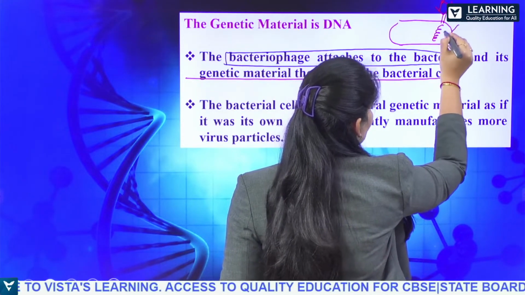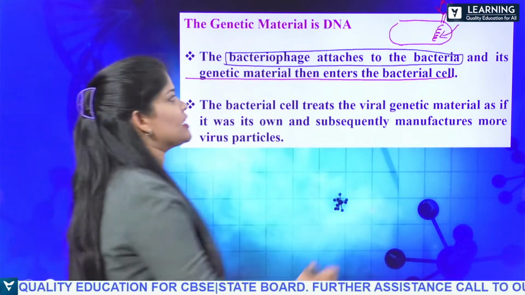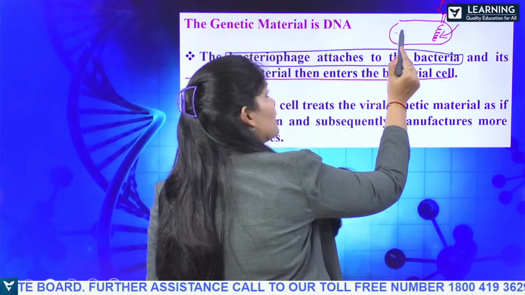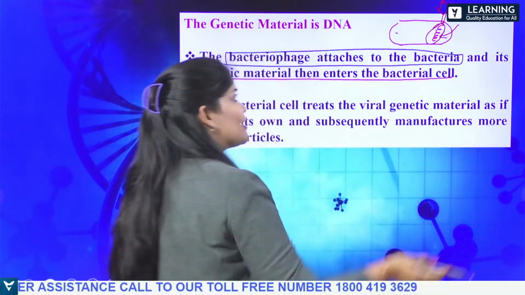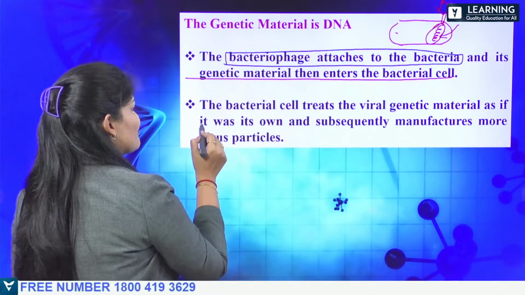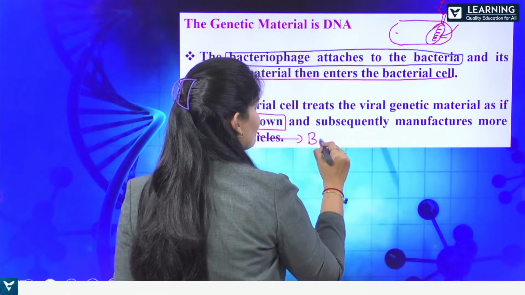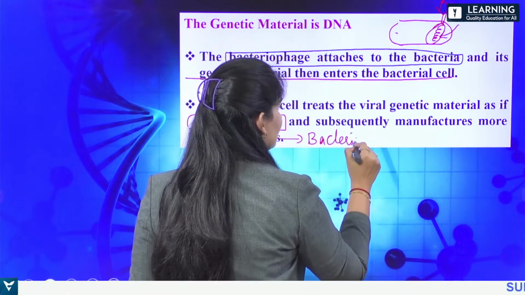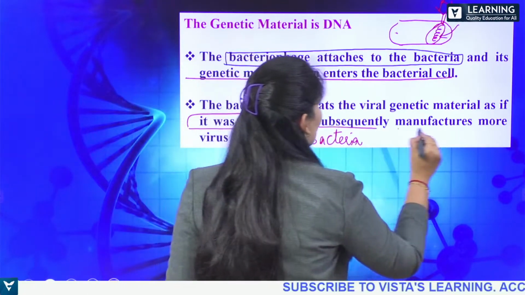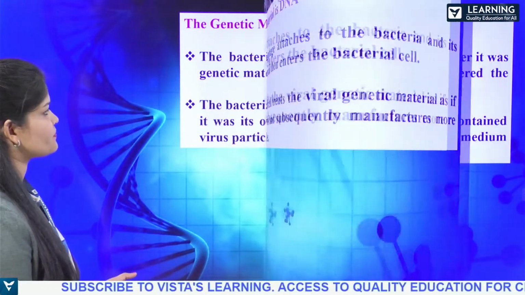It injected its genetic material. That means the virus genetic material is now inside the bacterium. This bacterium will treat this genetic material of the virus as its own, and subsequently start manufacturing more viral particles.